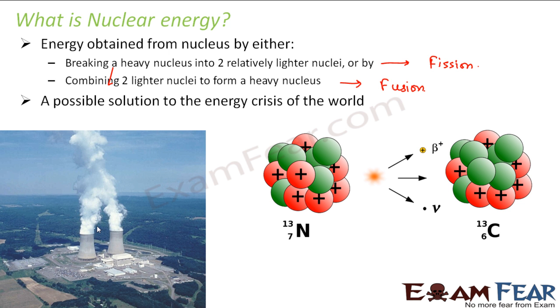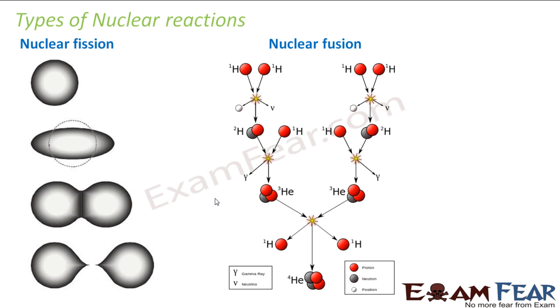There are many advantages as well as some disadvantages of nuclear energy, and we will discuss all of them in detail as we go ahead. To start with, we will first discuss these two processes which lead to the formation of nuclear energy, that is nuclear fission and nuclear fusion. So first let us quickly discuss the process of fission and fusion.